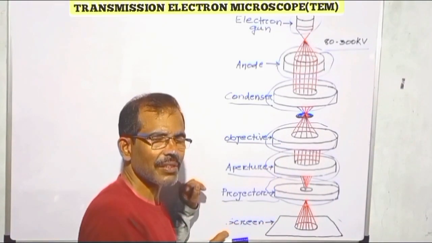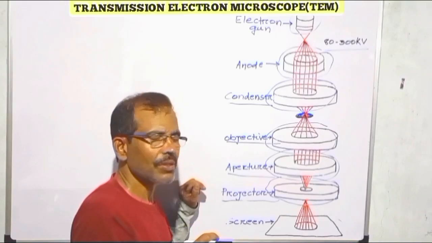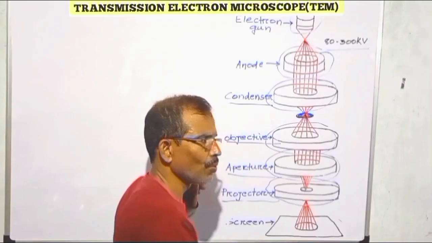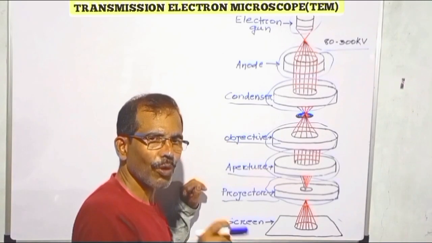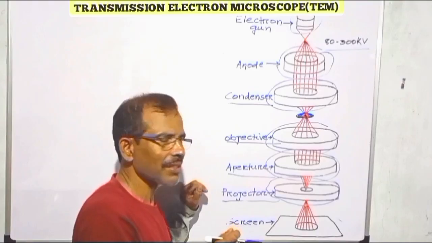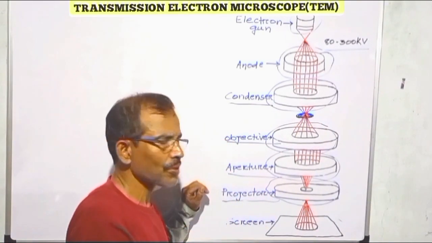As a result, such areas appear dark in the image. On the other hand, thinner areas which are less dense allow more electrons to pass through. As a result, these areas appear bright in the image.